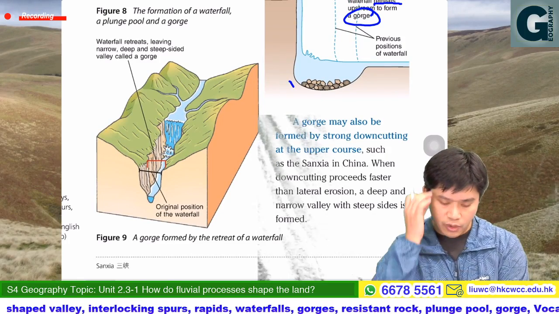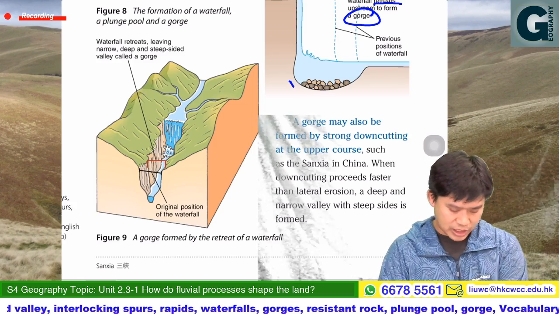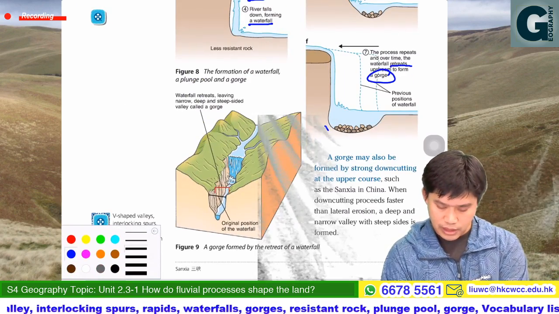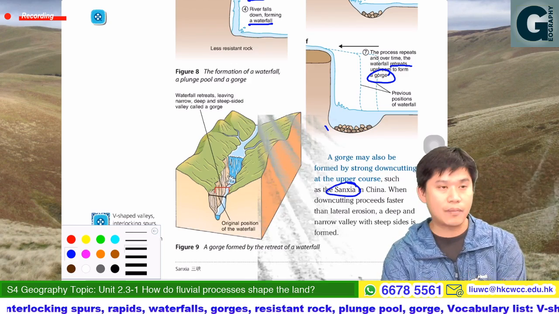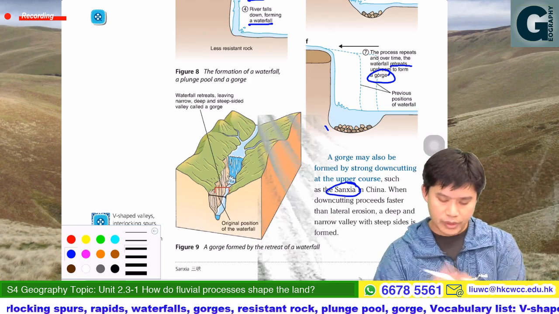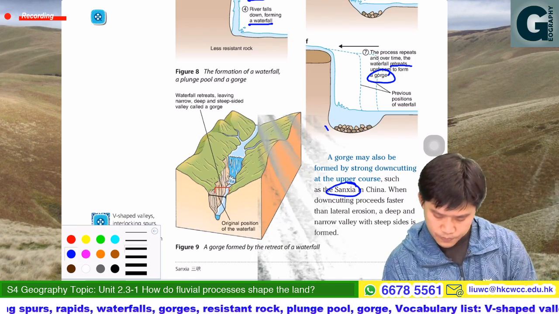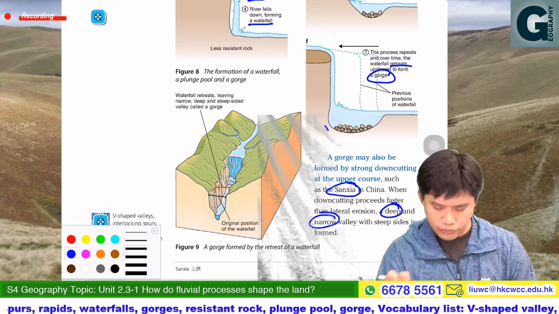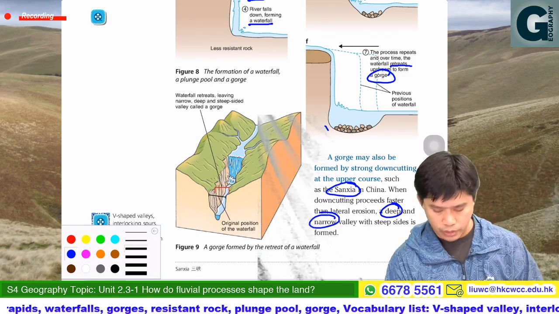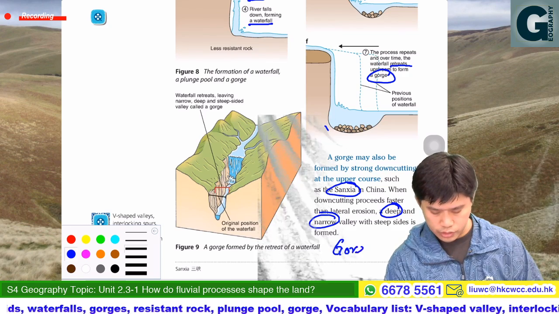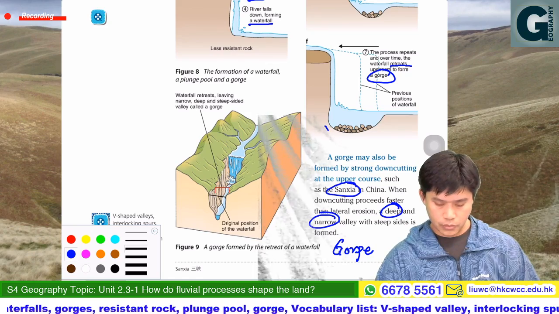A gorge may also be formed by strong down cutting at the upper course, such as what we just mentioned in Sanxia in China. When down cutting is faster than lateral erosion, a deep and narrow valley with steep sides is formed, and that is what we call a gorge.